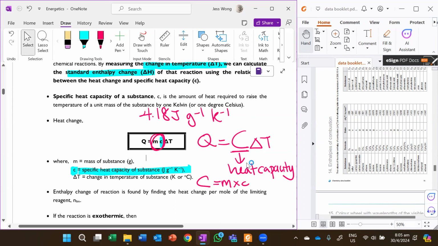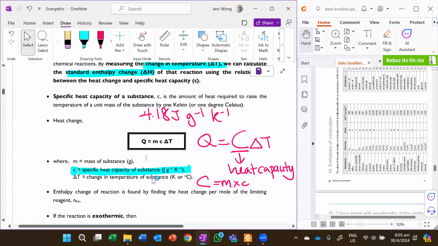That means the amount of energy needed to raise the temperature of the whole substance, not per unit mass, by 1 Kelvin. The heat capacity is seldom used, but just take note that it is obtained by the mass times the specific heat capacity. Most of the time we are using specific heat capacity.